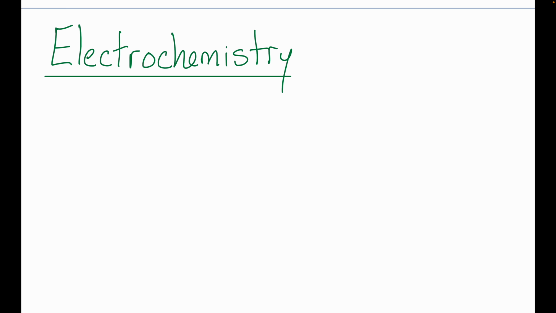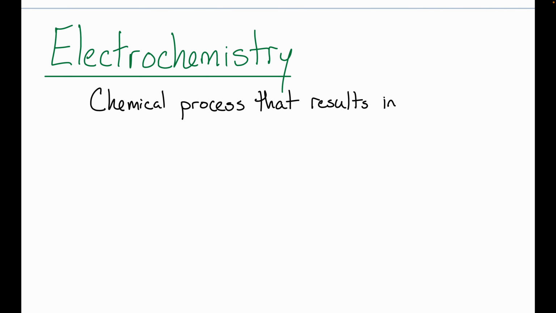All right, let's get started here. So our next topic is going to be this chapter on electrochemistry. Electrochemistry is when we have a chemical process that results in the movement of electrons.